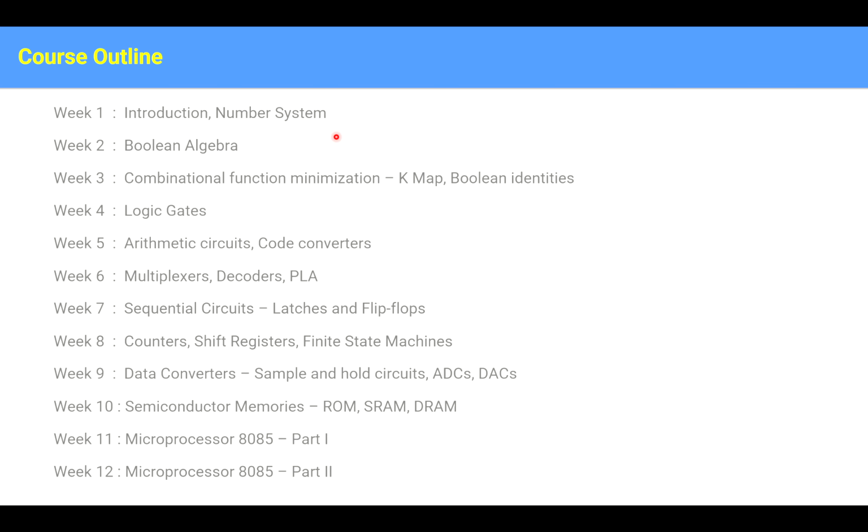So starting with the course outline, so this is well known to the students who are taking the course, but again I will briefly go through it. So we'll start with the basics of digital electronics, in which we'll get to know about the number systems, the algebra regarding that, how to realize the functions.